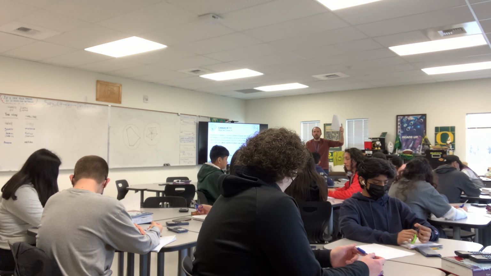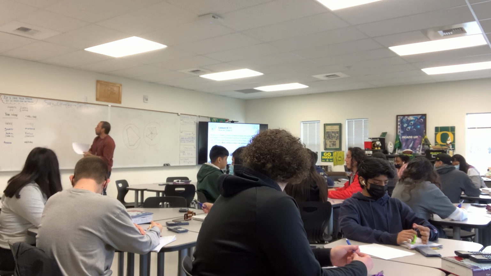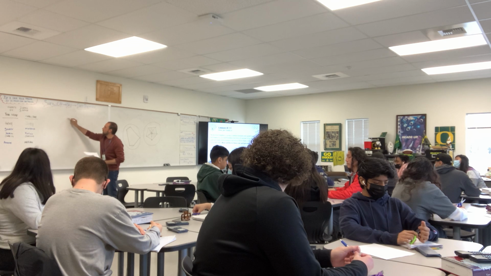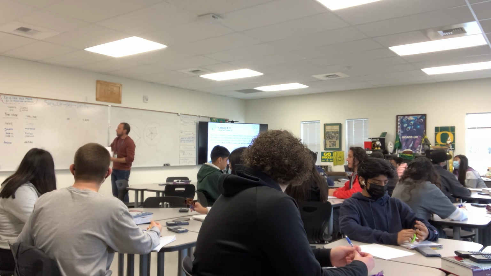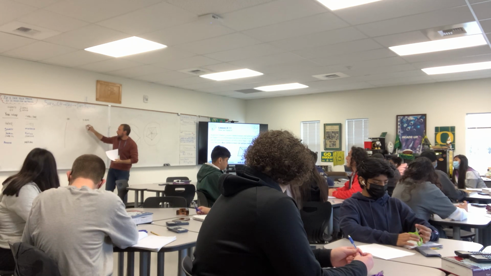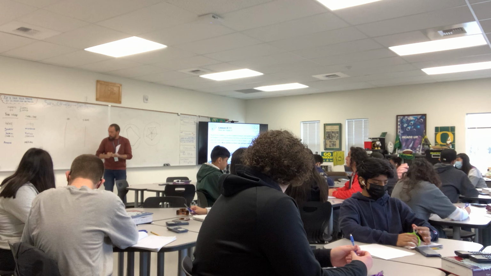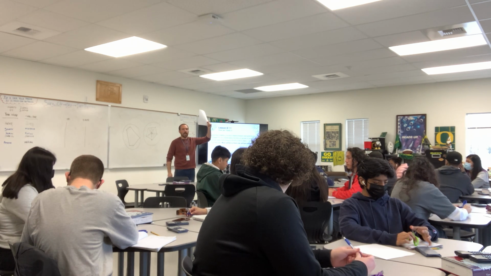And in your table group, I want you to create 2 columns. One column is going to have the numbers, another column is going to have the names. And I want you to put in order the number of sides and the name that corresponds with the number of sides.